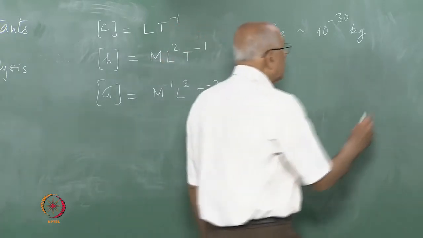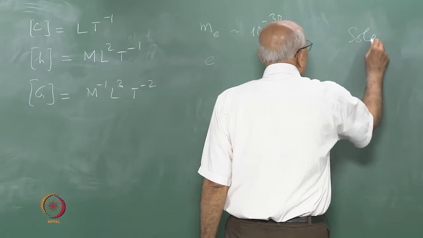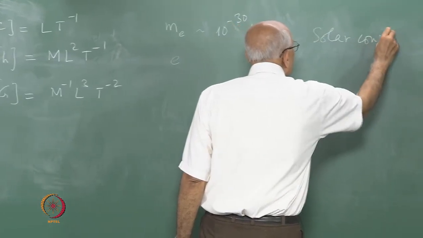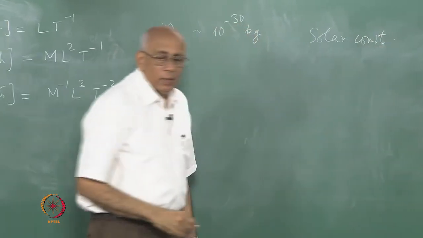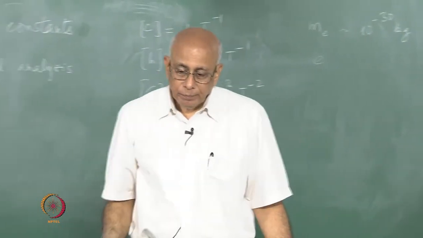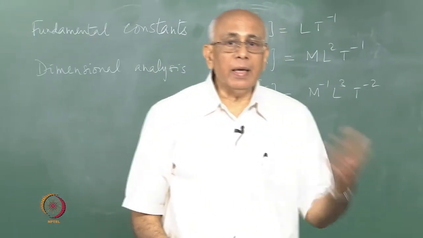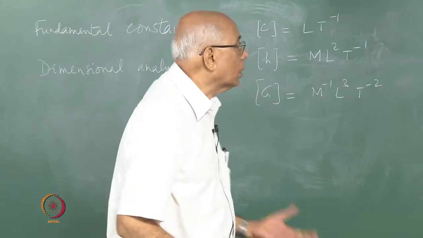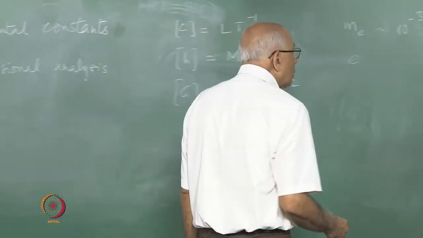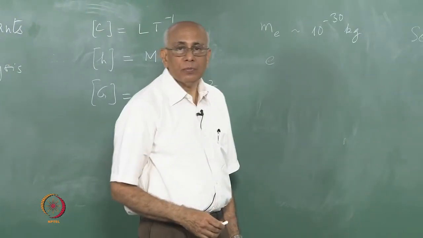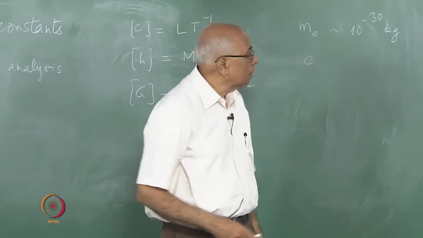For instance, you might say, how about the solar constant? How about a constant like the specific heat of a particular material, like water for instance, or how about the refractive index of a liquid or a solid, and so on.